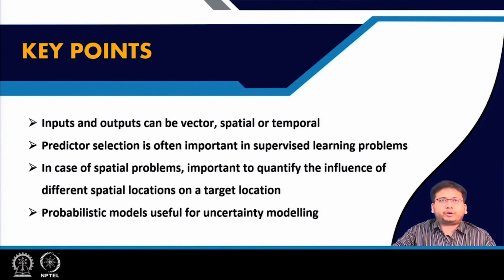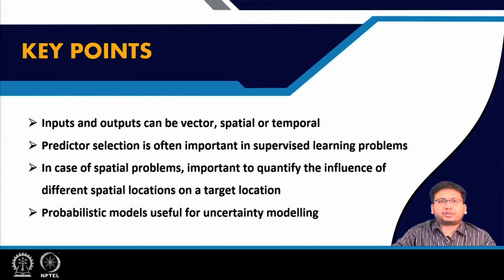So, the key points to take away from this lecture is that the inputs and outputs of these machine learning problems from Earth system sciences can be either individual spatial vector or scalar quantities, or they can be spatial or temporal. The prediction problem is often important in supervised learning problems.